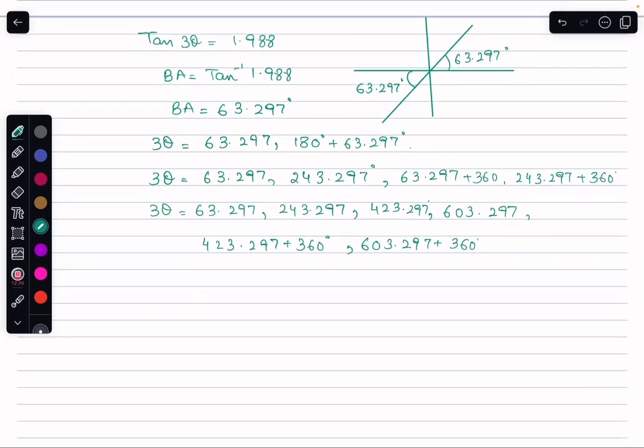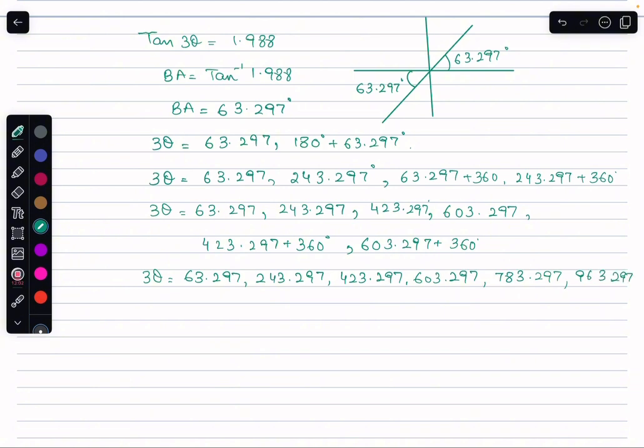So the 3 theta values are going to be 63.297, 243.297, 423.297 and 603.297 and 423.297 plus 360, that is 783.297, and 963.297.